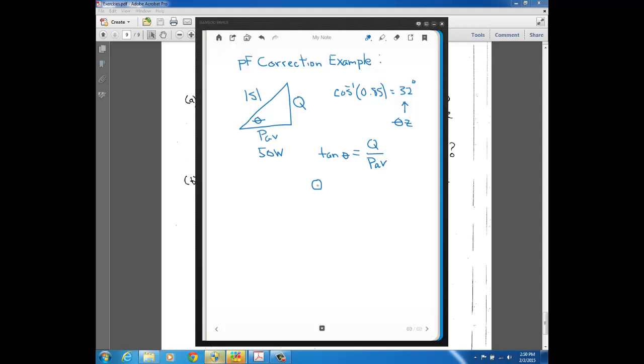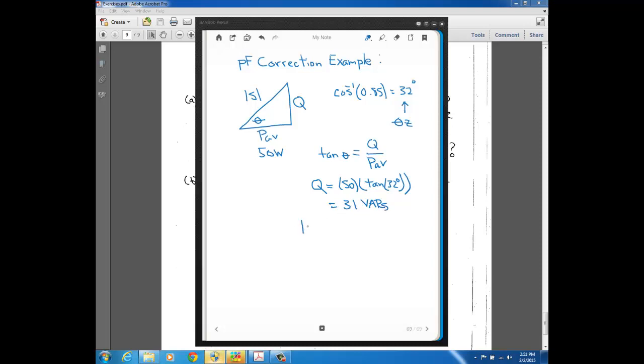So Q would just be the 50 watts times tangent of 32 degrees, and this comes out to 31 VARs.